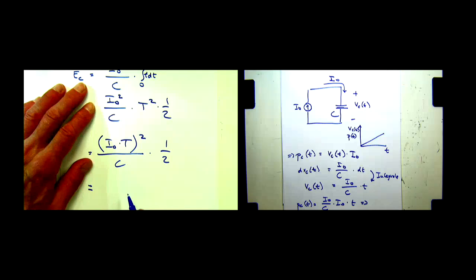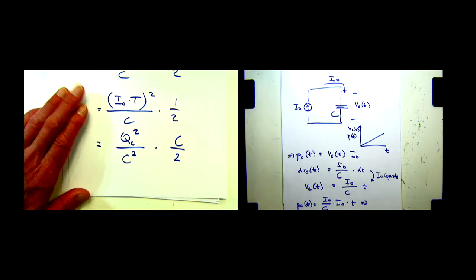So, did I do this right? Okay, so we get the charge squared divided by capacitance times 1/2. So that's the charge on the capacitor. Let's make this the capacitance squared, and I put another c here in order to fix my change.